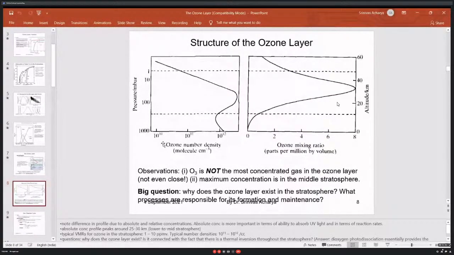So you can have 10 to the power 10, 10 to the power 11 and 10 to the power 12 molecules per cc, meaning ml, of this gas concentration. Here it is on the x-axis, and on the y-axis you can see pressure in units of millibar.